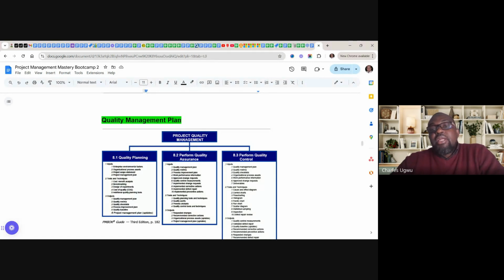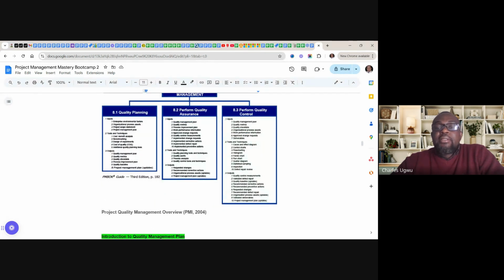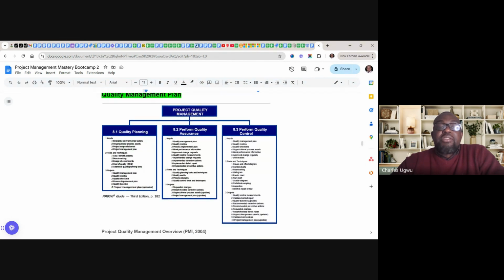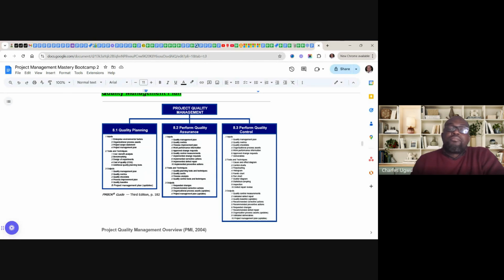So looking at PMI, PMI captures quality management in this diagram. This diagram is based on PMI. So according to PMI, we have quality planning, we have to perform quality assurance, and we have to perform quality control.